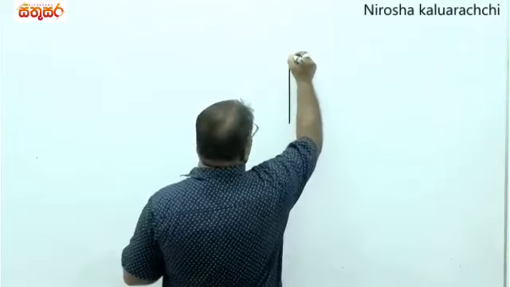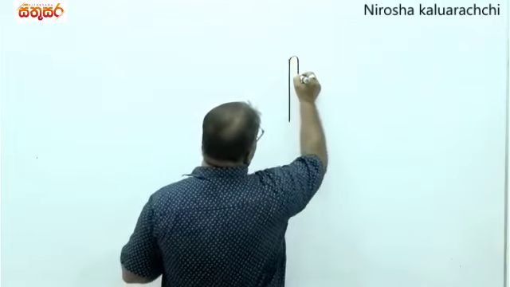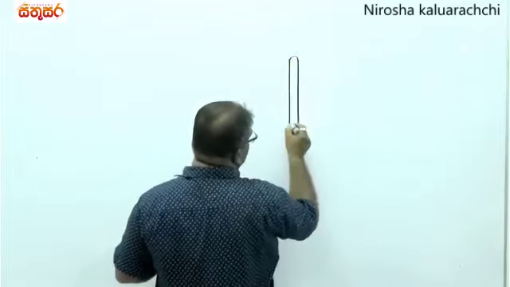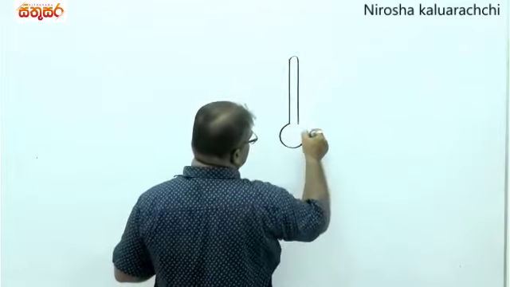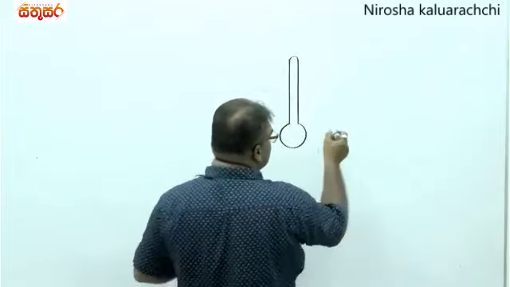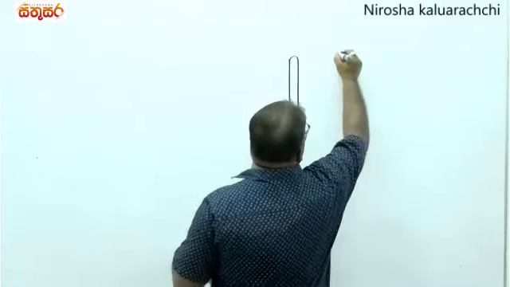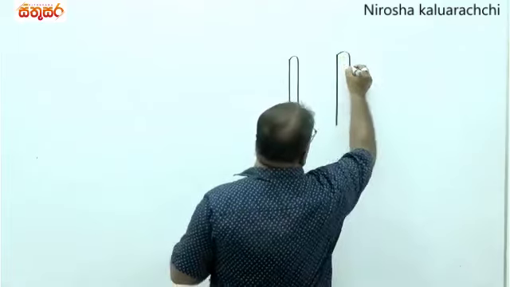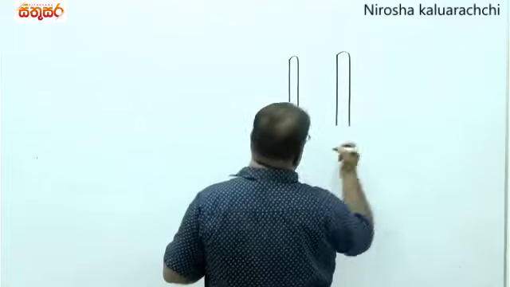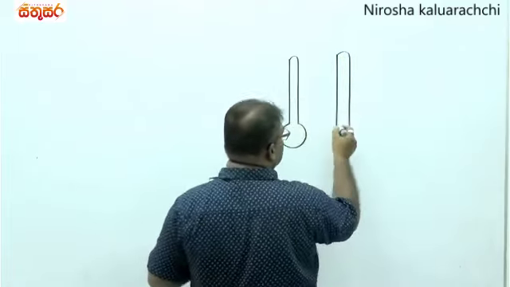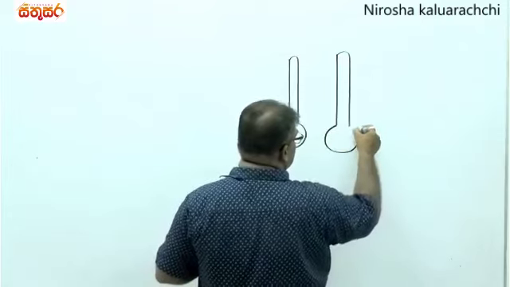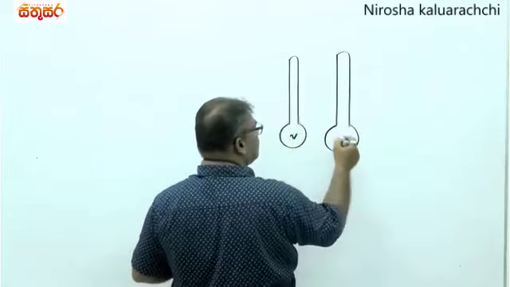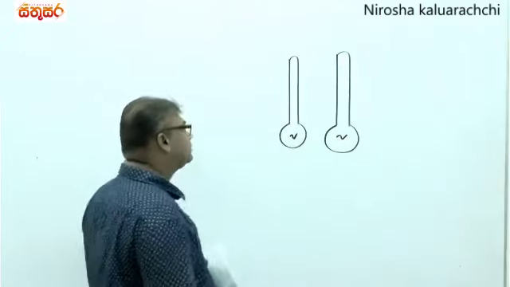Here we have a thermometer with the small capillary bore radius. Then we are going to manage the same size of glass bulb, right? This is wider one, this is narrow, this is wider.